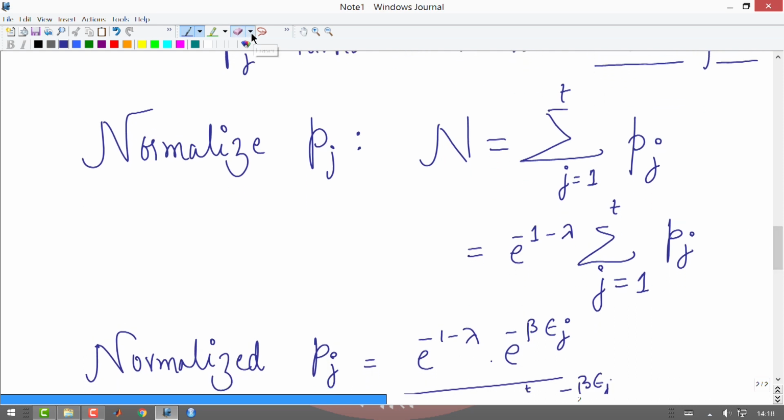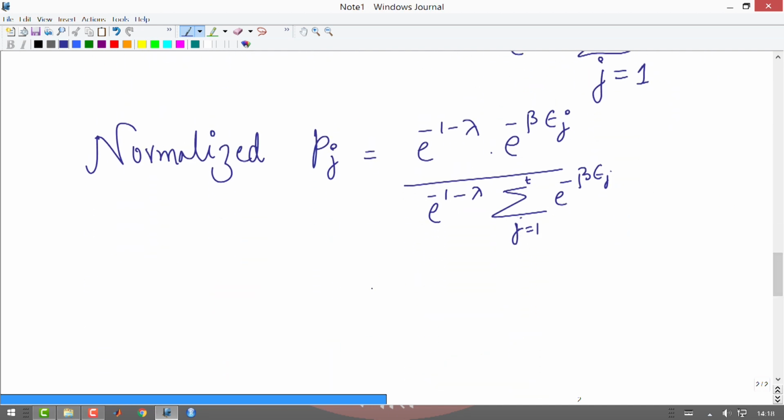So, I have just made a small typo here, thank you. So, this becomes e to the power minus beta e j, of course, and then you can write down the final answer as your normalized PDF, which is e to the power minus beta e j over summation j going from 1 to t e raised to minus beta e j.